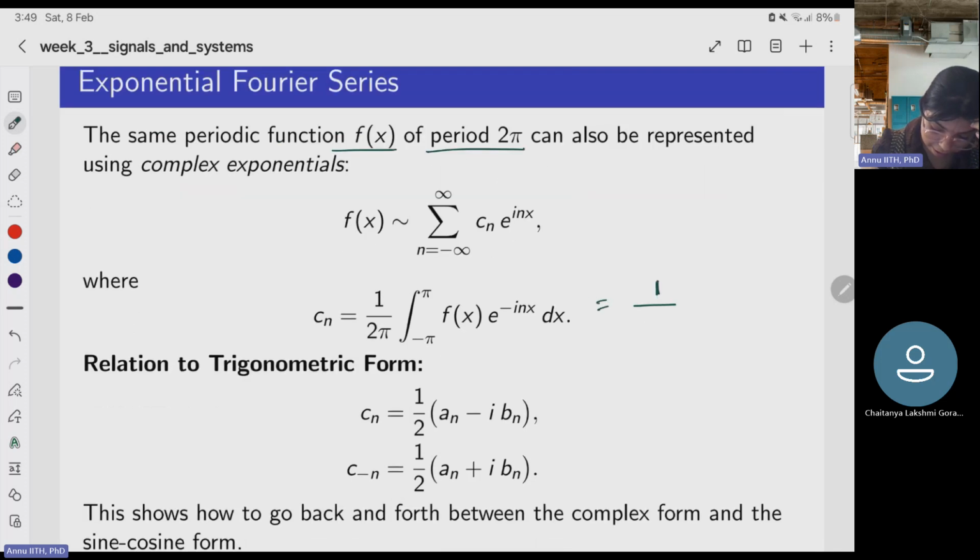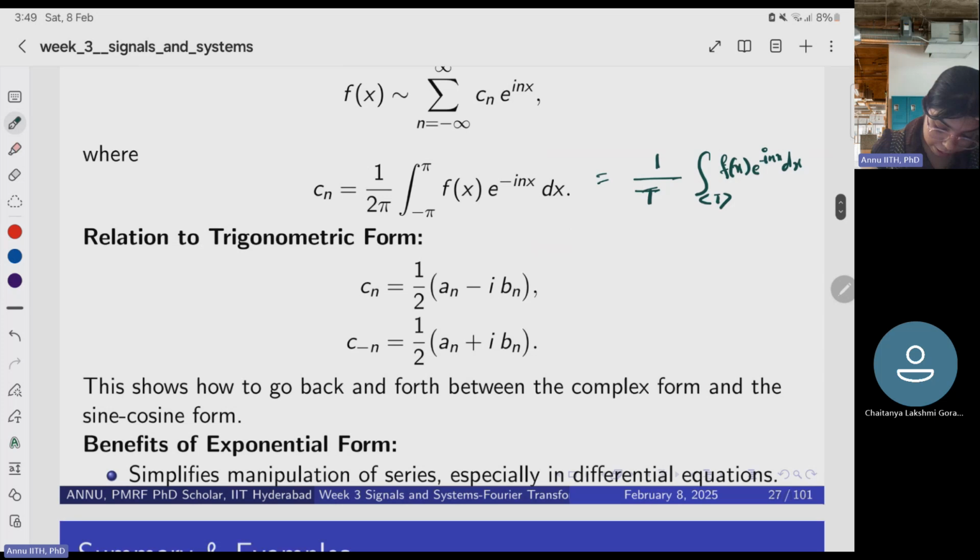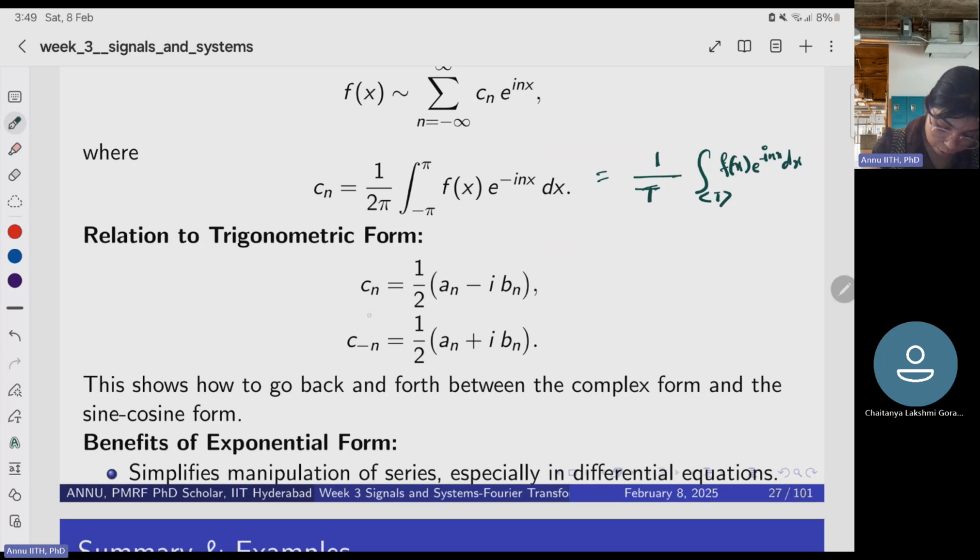So it is integration over one period, f(x) e power minus i n x dx. Here 2 pi is the period. And the relation to the trigonometric form is Cn equals 1 by 2 (An minus i Bn), whereas C of minus n is 1 by 2 (An plus i Bn). So 1 by 2 (An minus i Bn) is nothing but Cn.